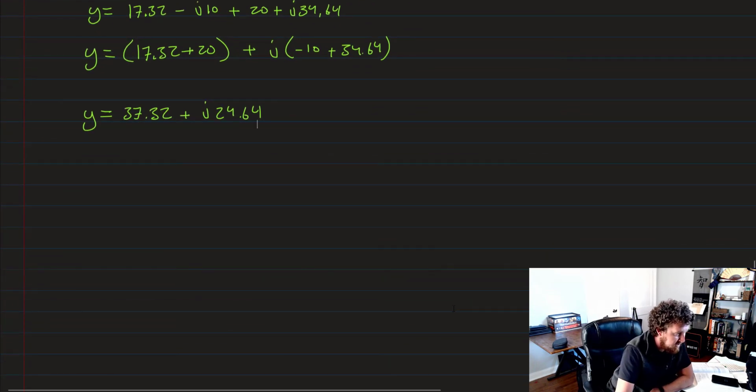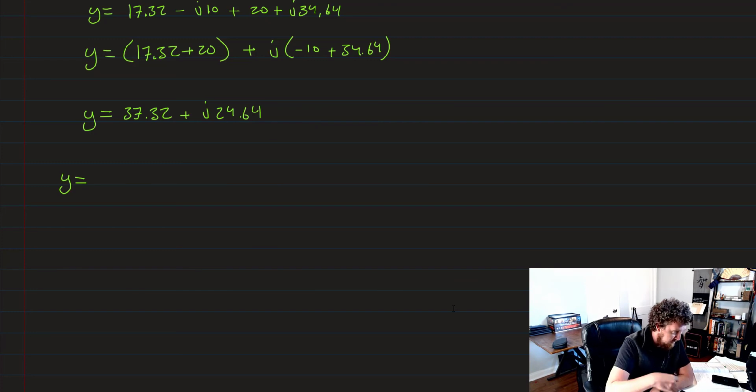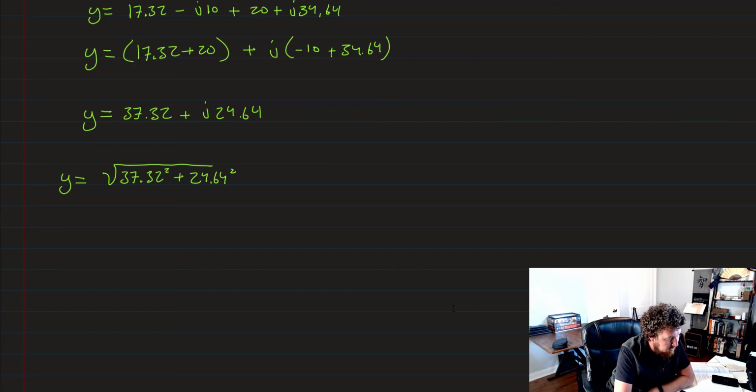We want to convert this now back into polar form, so we get back our amplitude and phase. That'll be the square root of 37.32 squared plus 24.64 squared at an angle of the inverse tangent of 24.64 over 37.32.